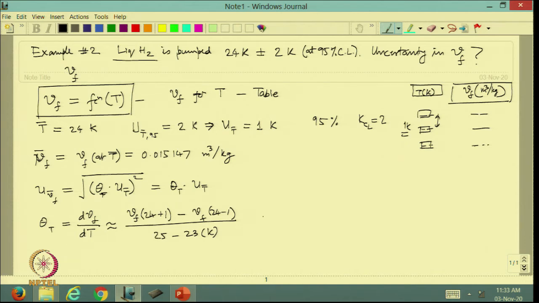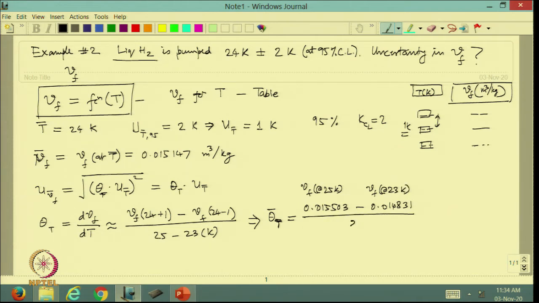So, if you do the calculation, then this becomes theta t with mean value that is evaluated at t bar. This is V f at 25 Kelvin, and if we look up the table, this will become 0.015503. This is V f at 25 Kelvin minus 0.014831. This is V f at 23 Kelvin.